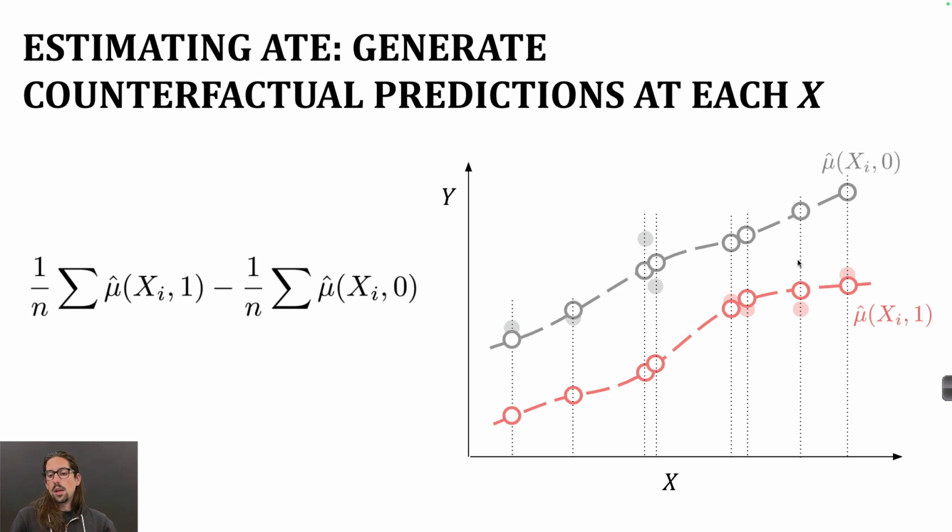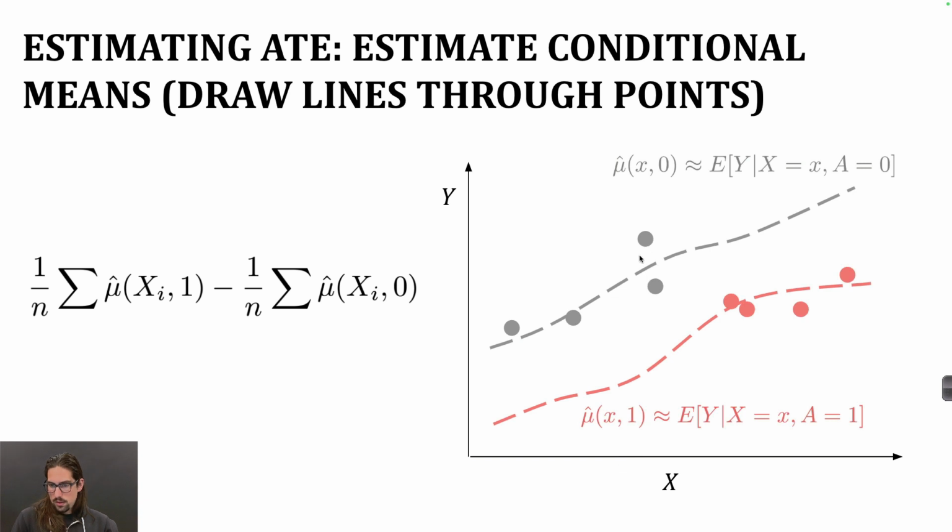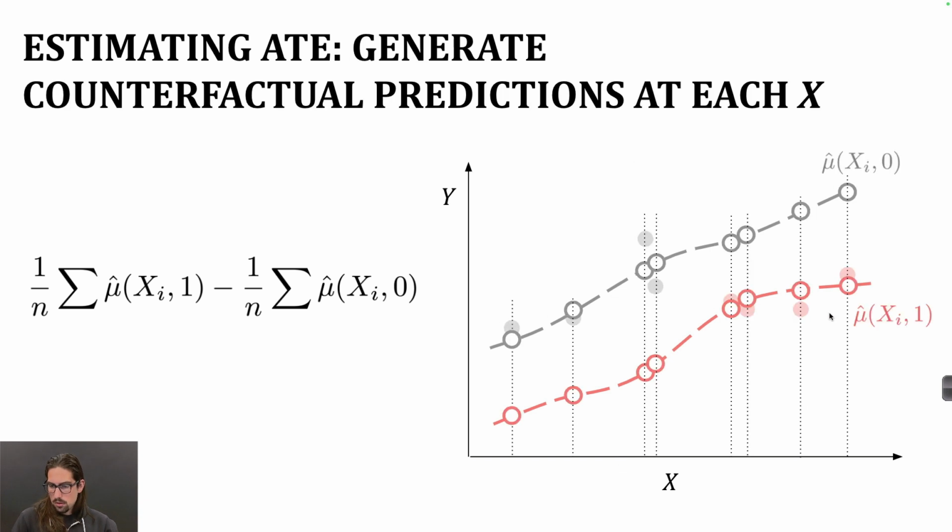Now, at each of the observed values of the covariate, so we had these 8 data points, I'm just going to drop them down to the x-axis and say this is where our data lie. For each of them, I'm going to ask from the conditional mean functions, if I took this person and I treated them, what would have happened?